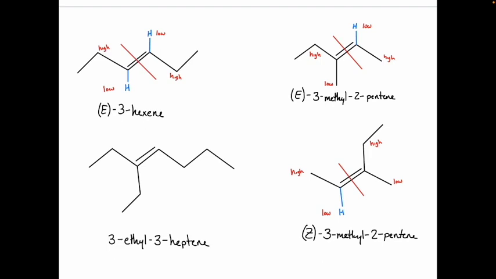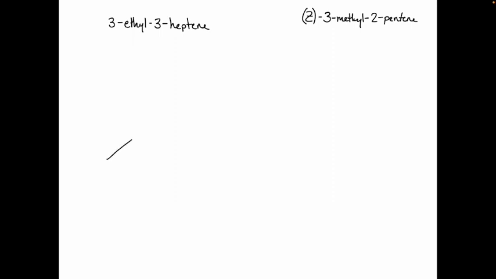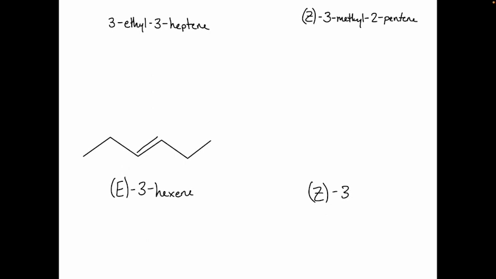One's E and one's Z. So then just to finish this off, we had said that this molecule here was E-3-hexene. I want you to take a second and draw me the Z stereoisomer of 3-hexene.